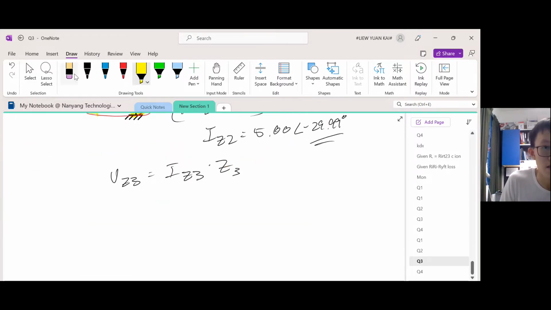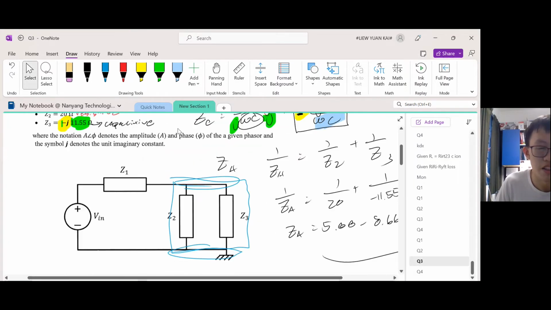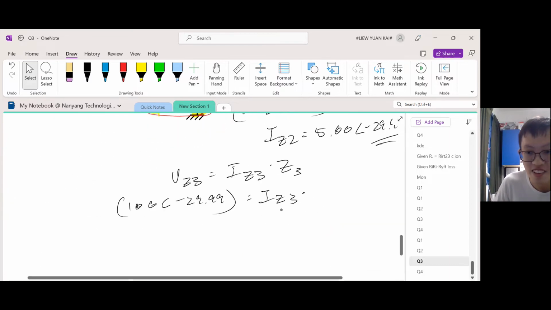We use 100 at an angle of negative 29.99, and this is IZ3, which we want to find, multiplied by the impedance, negative 11.55 j.